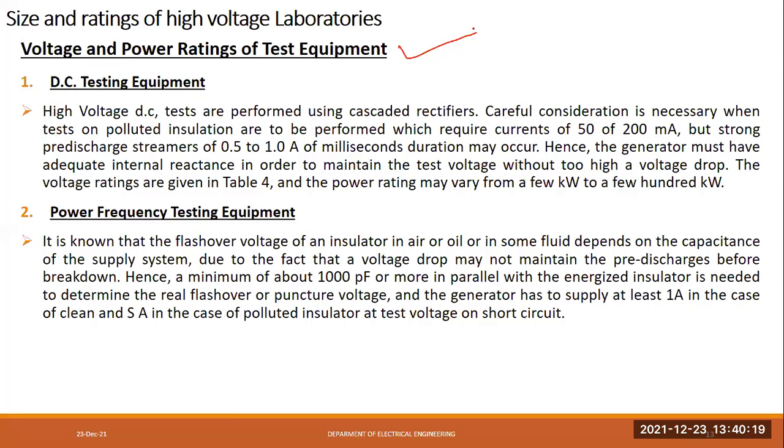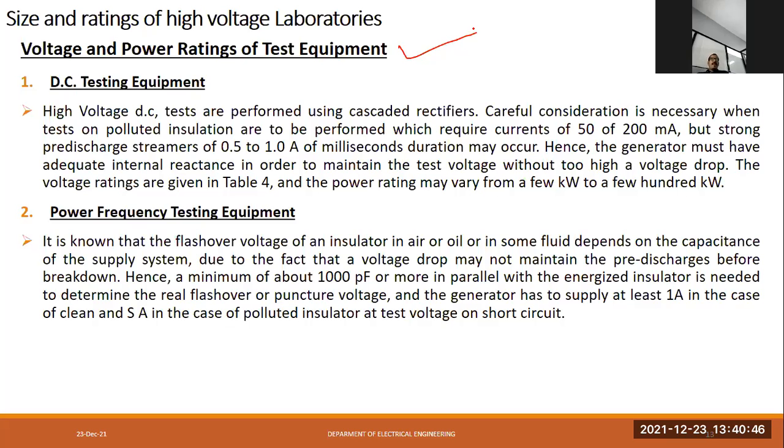Third is the frequency. Fourth is the impulse voltages. All these ratings of the test equipment should be known to us, so we understand the testing methods. There are four major types of voltage and power rating to identify.